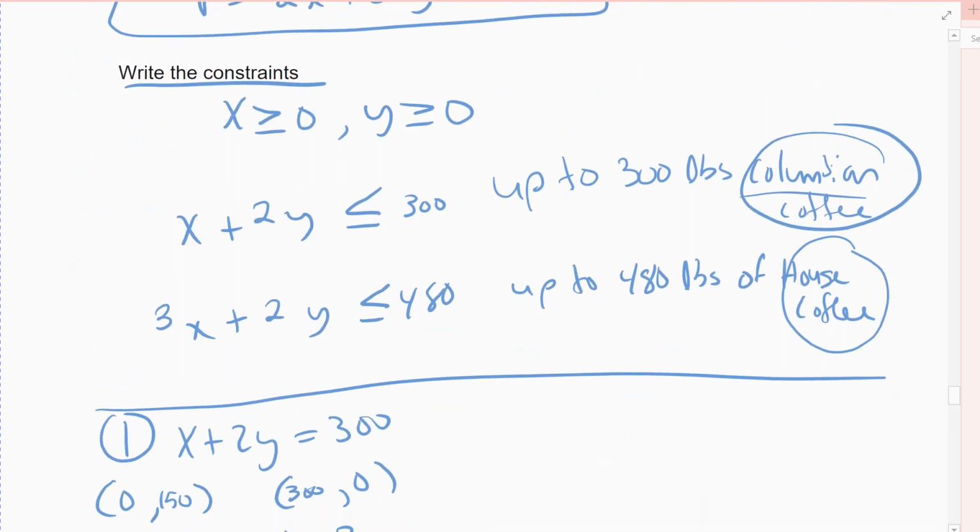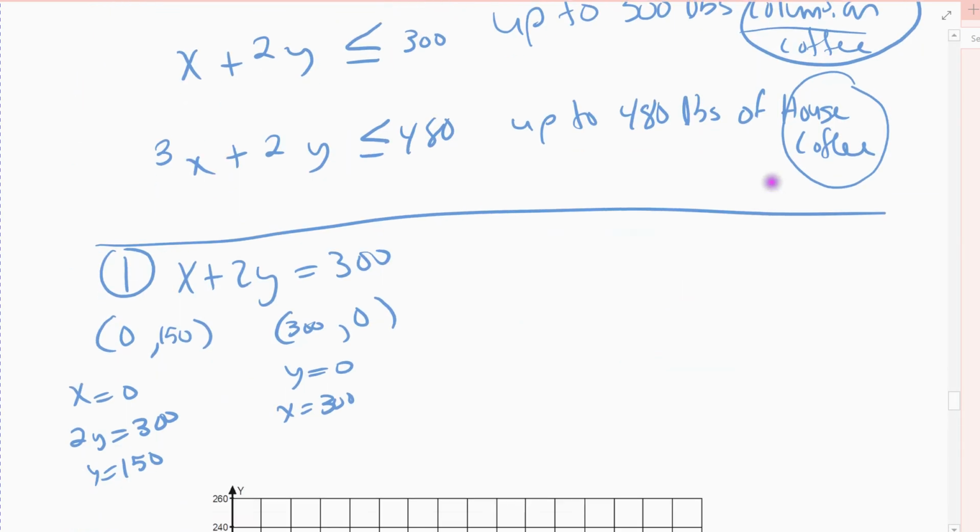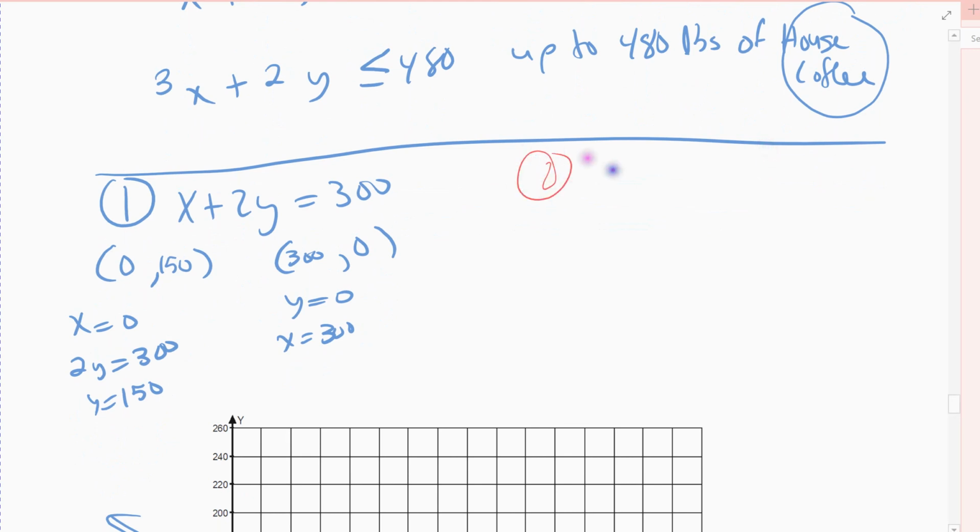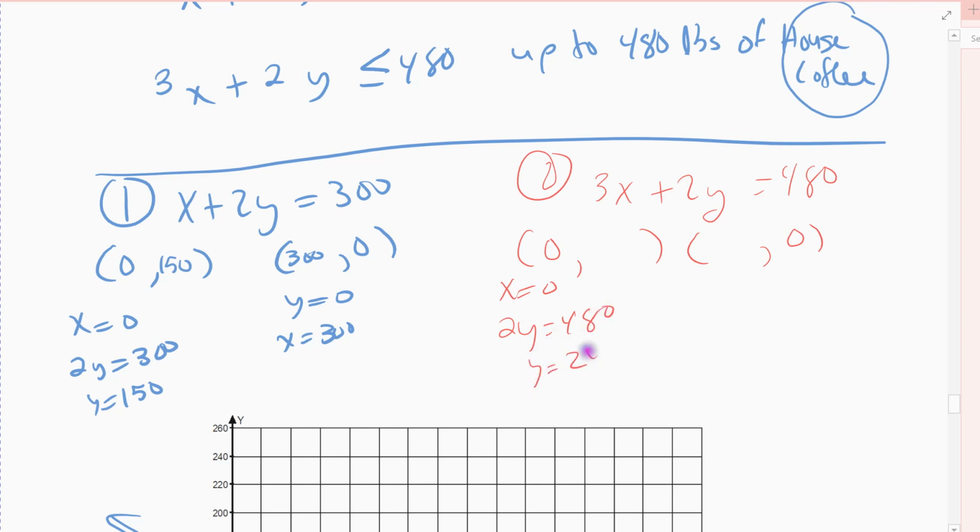Alright, now the second equation I'm going to draw in red. So equation 2. 3x plus 2y equals 480. So same thing. So x equals 0, I get 2y equals 480, so y equals 240.